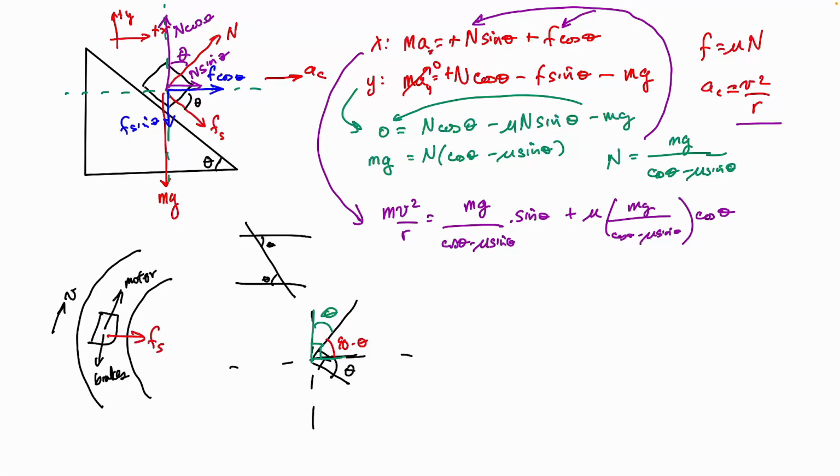Is there any hope at redemption here? Is there anything I can simplify? Usually when I ask that question, I'm like, is there anything I can get rid of? I can get rid of m.